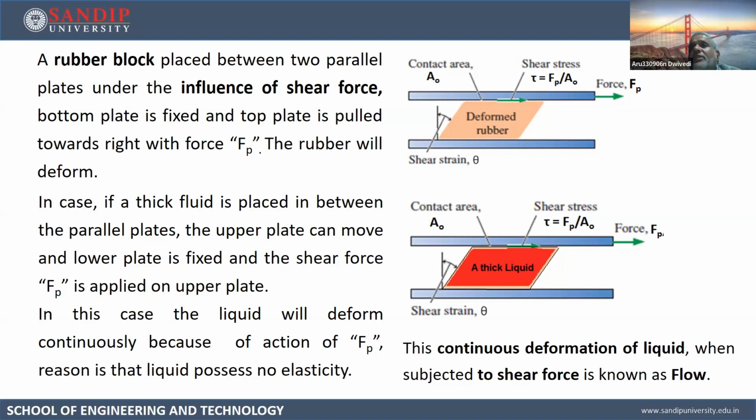It will not come to its original state because it is permanently deformed, even after removal of Fp. But this deformation will not continue. Once you are removing Fp, it has deformed, but it will not come to its original position because the force applied was beyond a certain limit, right? I think you try to remember the Hooke's law which you have studied.